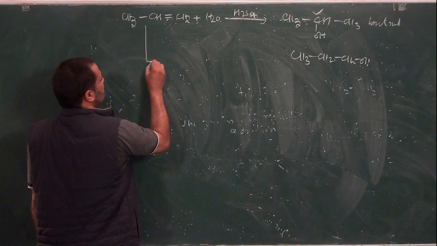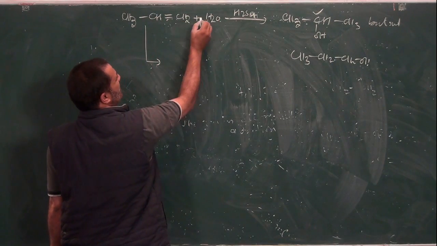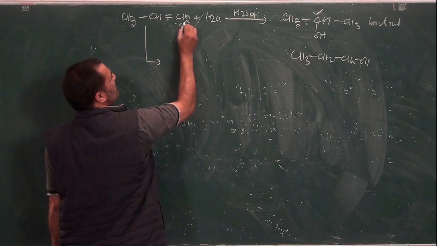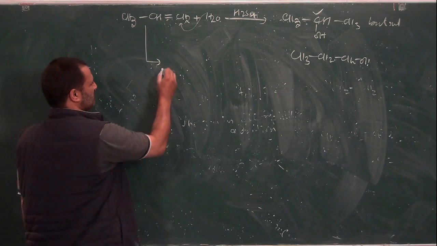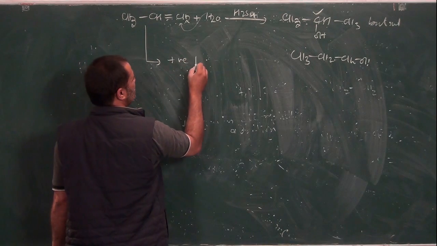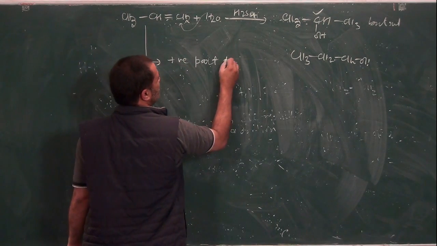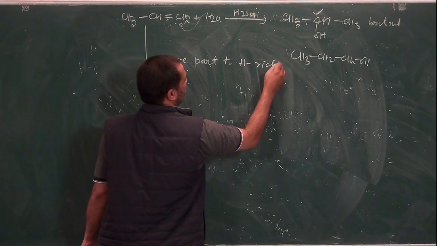So in this reaction, the positive part is attached to the carbon which is carrying more number of hydrogens. That is simple: positive part to hydrogen-rich carbon.